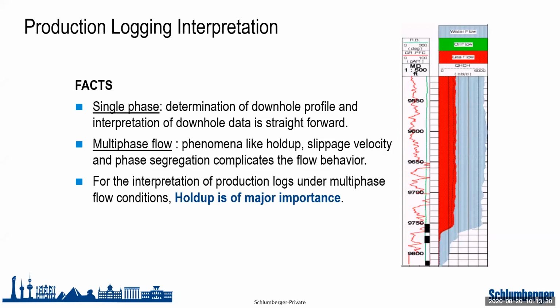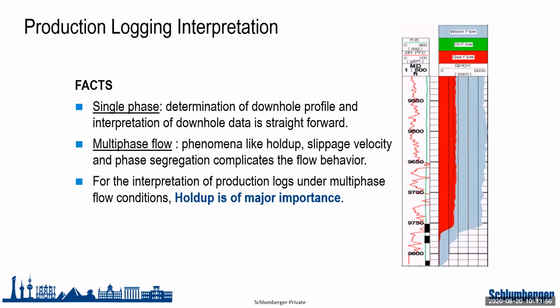If I have a multiphase flow, meaning I have oil produced with water, or gas produced with oil, or gas, water, and oil, the three of them produced at the same time, then for this interpretation we will need to know the holdup, basically: how much space is going to be occupied by every phase in the wellbore.